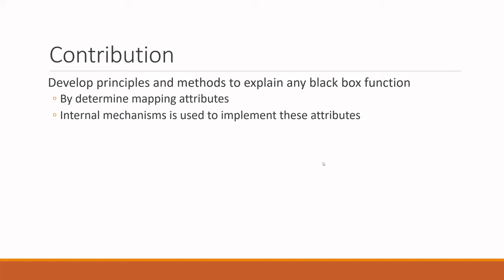This paper developed a principle and method to explain any black box function by determining mapping attributes, and the internal mechanism used to implement this attribute. We focus on the mapping attribute because it can give us a rule describing the relation between input and output by the function.